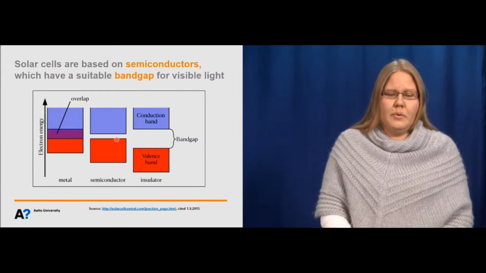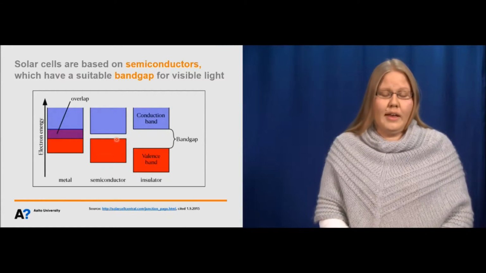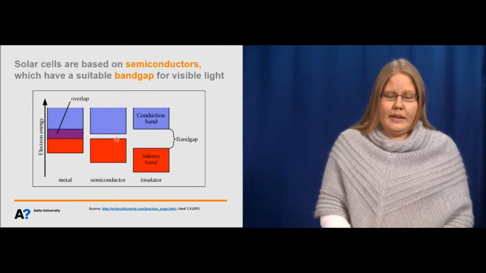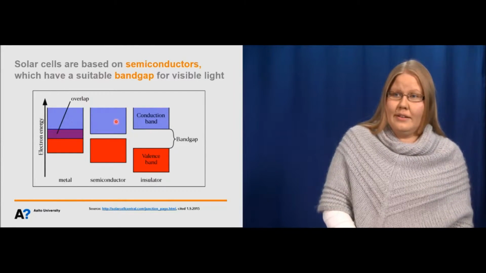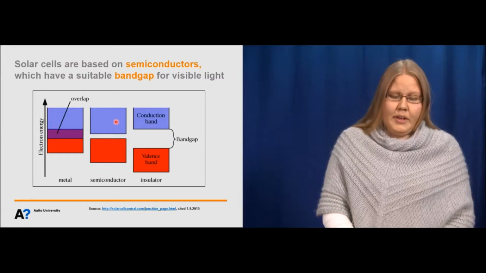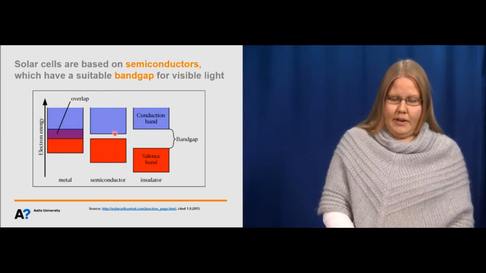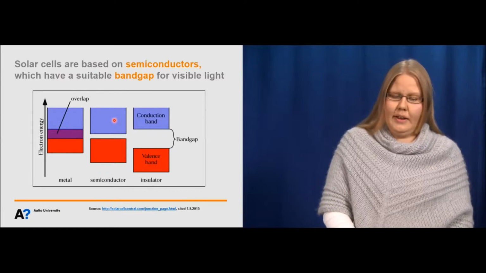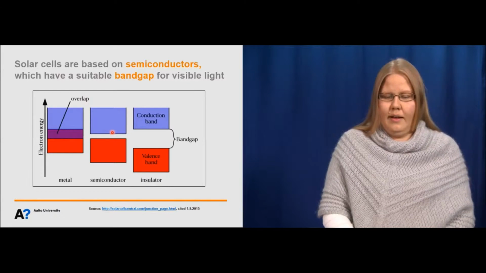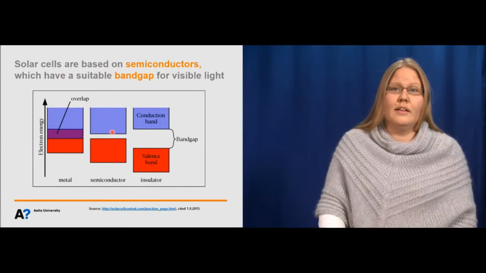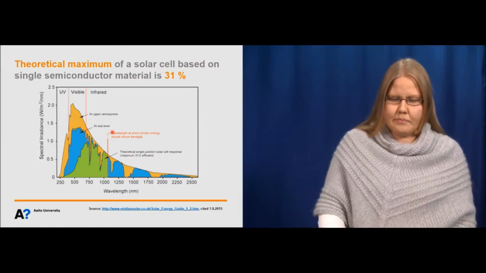So all the photons which have less energy than what is defined by the band gap cannot be used. But if we have a photon which has higher energy, for instance this high, we can still only use the energy defined by the band gap, because the energy soon comes down to this level. This actually causes the largest losses in the photovoltaics.